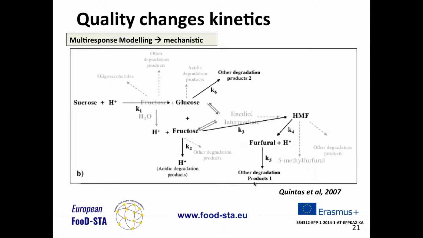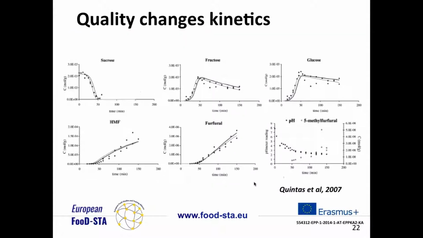Multi-response models: when several compounds are involved in a reaction, I give here the example of sucrose degradation into different compounds, and it's possible to develop mechanistic models that can predict the concentration of the different compounds along a process. Here are some examples of our results over time.